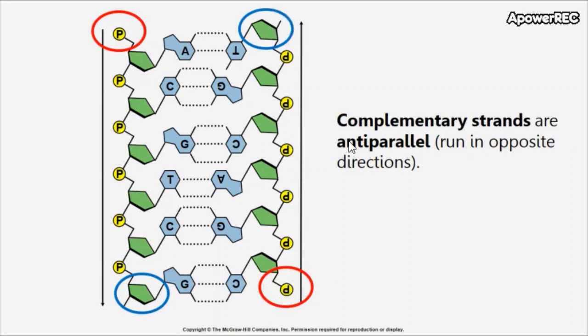And so this is called anti-parallel, the way they're situated, because they run in the same plane, but in opposite directions. And they are also called complementary because of that feature that we discussed about A's always binding to T's. So if I was to block this half of the DNA strand so that you could only see one strand, you should be able to look at this other strand and be able to draw this strand without ever seeing it.